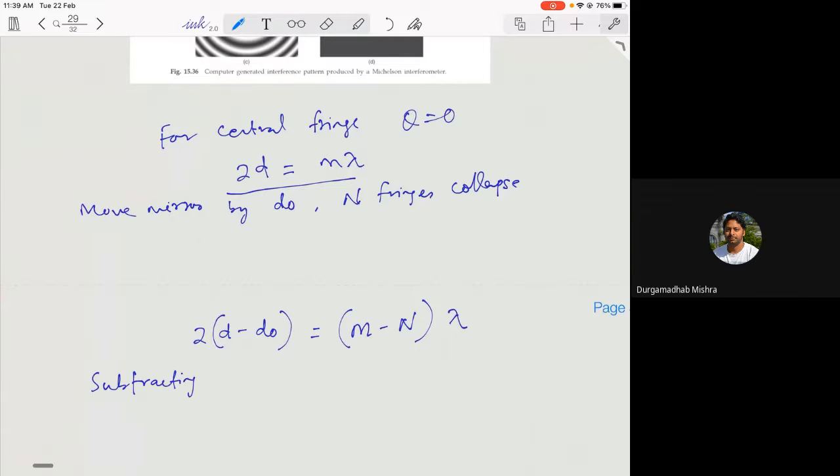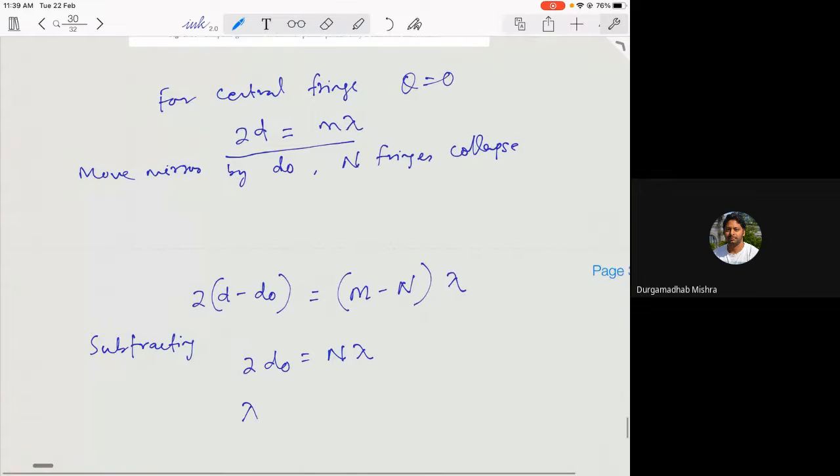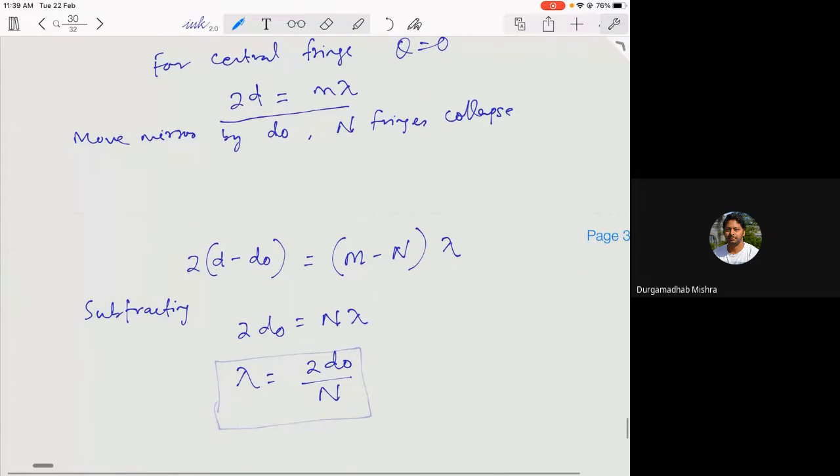what would you get? You'll get 2d0 equal to n lambda, or you can say lambda will be equal to 2d0 by n. So you can calculate the wavelength of the light that is causing the interference.